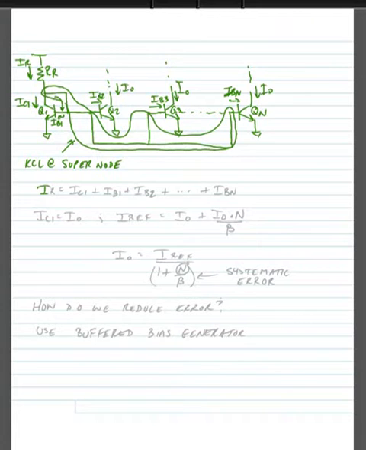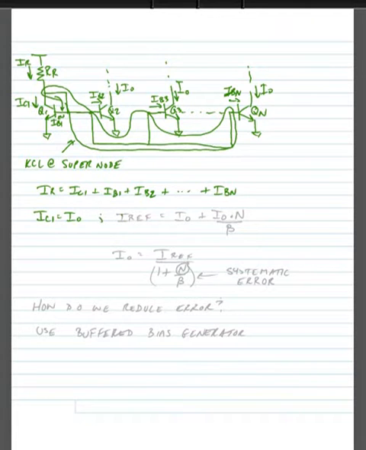We would see that IREF is equal to IC1 plus IB1 plus IB2 plus all the way up to IBN. And if we assume that all transistors are equal, then we can assume that IC1 is equal to our I out, ideally.